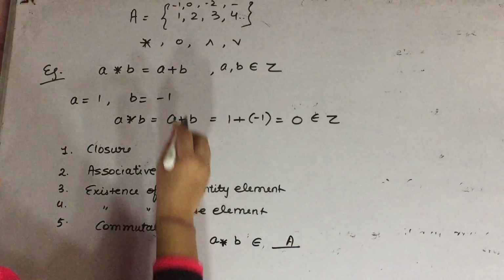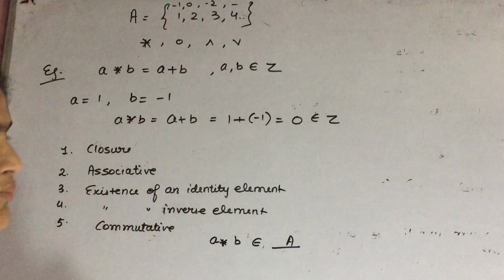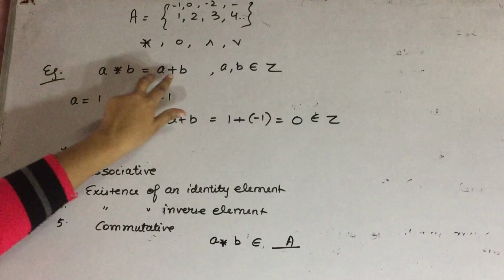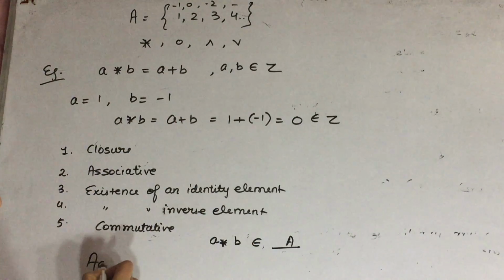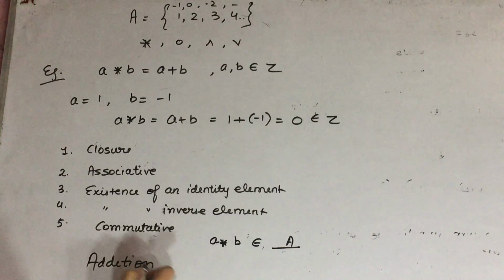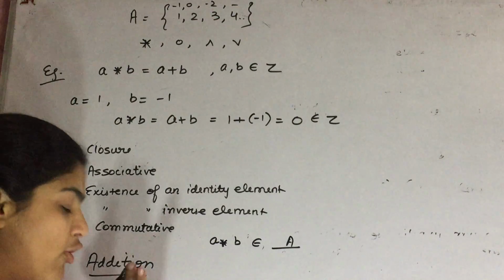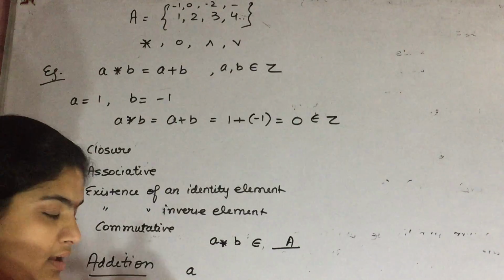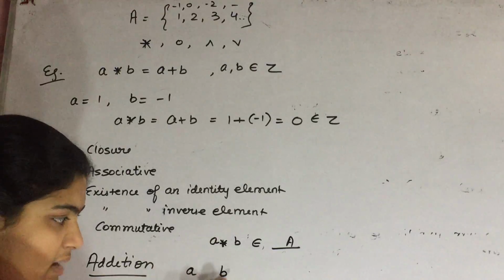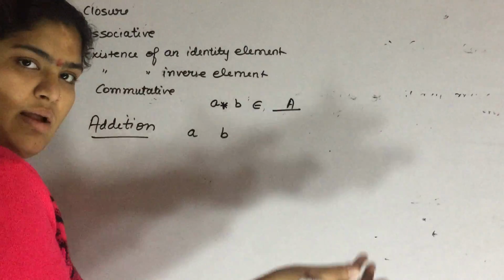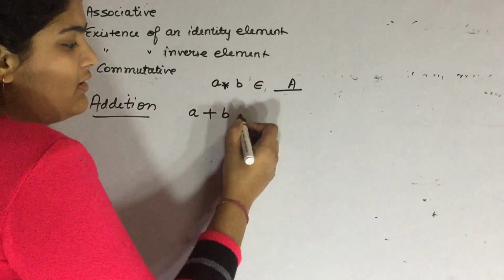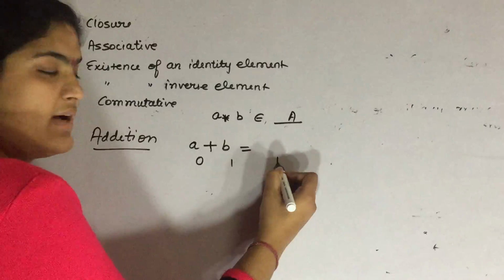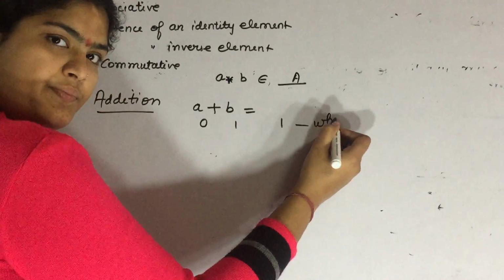Let us suppose you have taken an example where A and B are integers, and you take addition. What will you observe? If A and B are whole numbers, then on addition, 0 plus 1 is 1, which is a whole number.